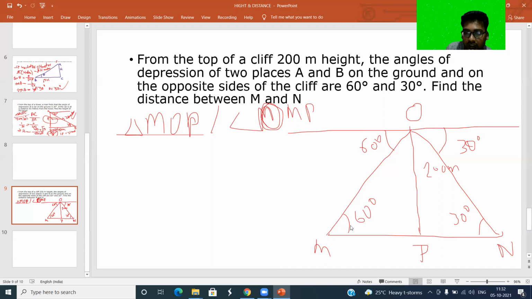We need to take this angle. It is the height, and it is the base.